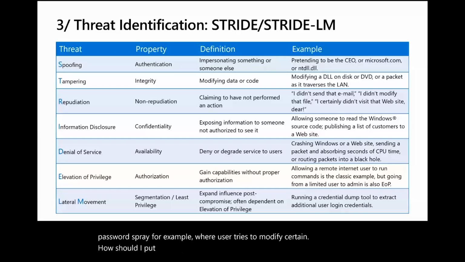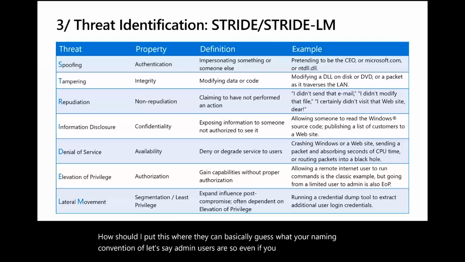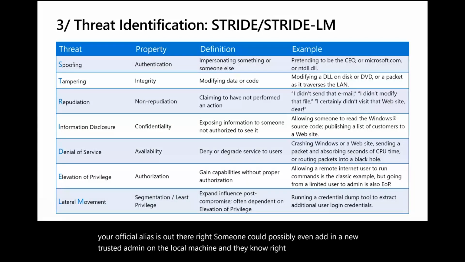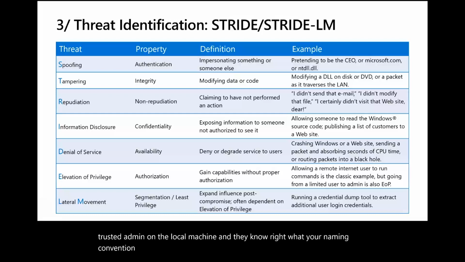They can basically guess what your naming convention of, let's say, admin users is. So even if you don't use, for example, your official alias out there, right? Someone could possibly even add in a new trusted admin on a local machine, and they know what your naming convention is, so that it hides itself from your regular screenings.